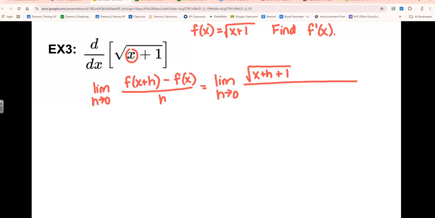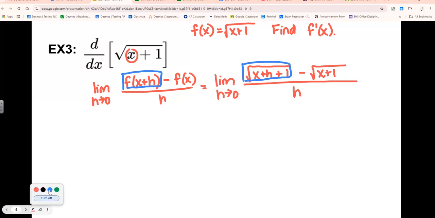And you can't simplify it any. So that's just it. This part right here is your f of x plus h, right? So then I'm going to subtract f of x, which is just the square root of x plus 1. And then on the bottom, I just have an h. And here, of course, this is our f of x in this case.